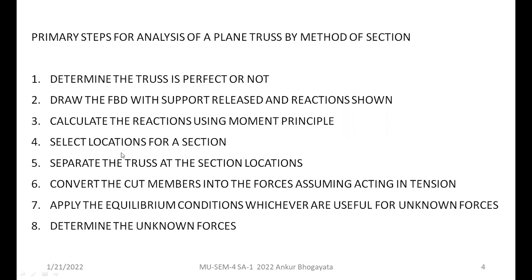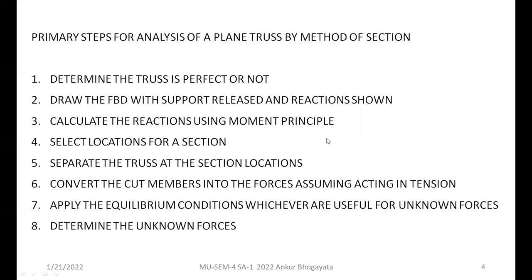Then once you select the section, separate the truss at the section location and convert the members into forces. So once you take a section and cut the members, those members which are being cut will be represented as forces. And all these forces are assumed to be acting in tension as usual, right? And then apply the equilibrium conditions on either side of the truss cut section.